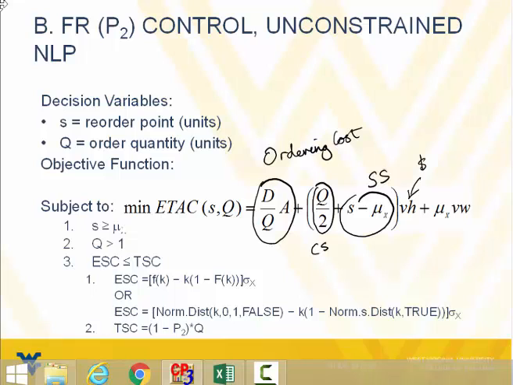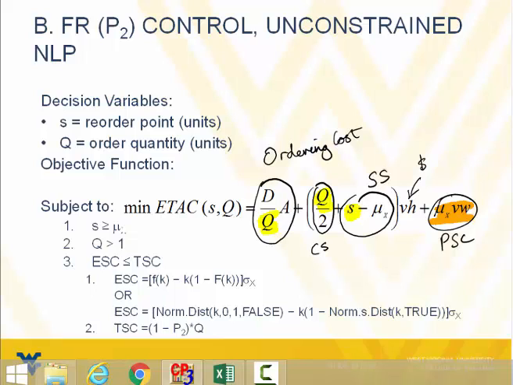And right here, you have your pipeline stock cost. So really, the main part of the function where you have the decision variables actually influencing the outcome is right here. So you have Q there, and S right there. Okay? So this is usually a scalar value, and this does not influence the outcome, your pipeline stock cost.